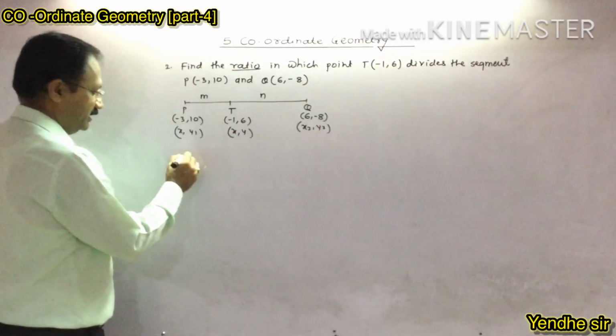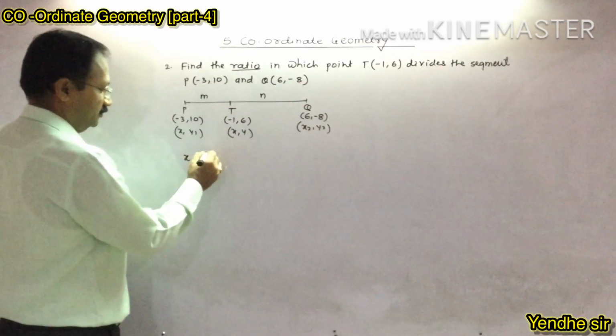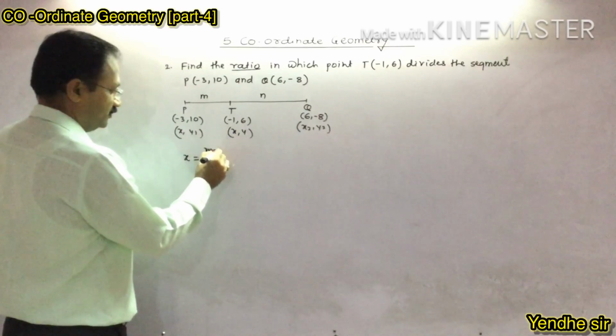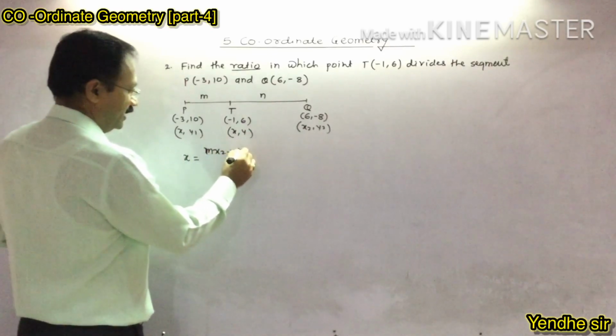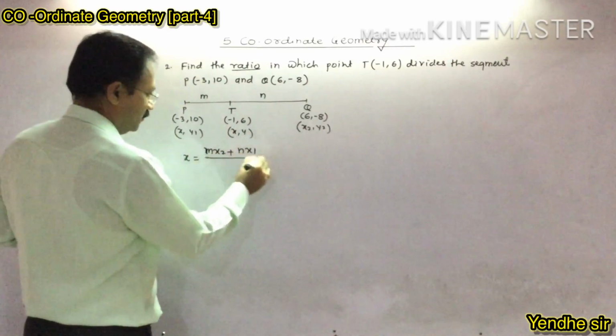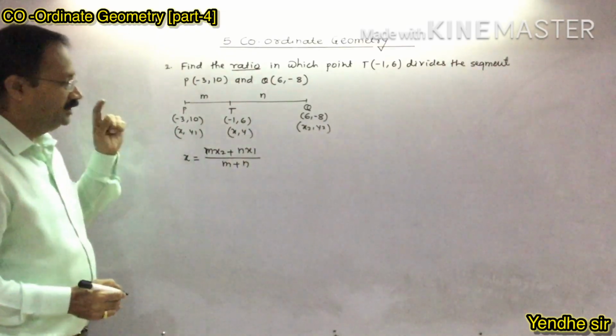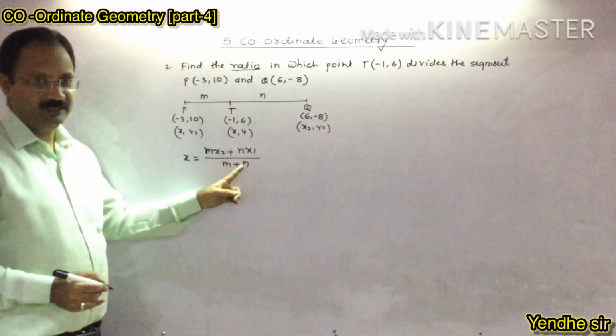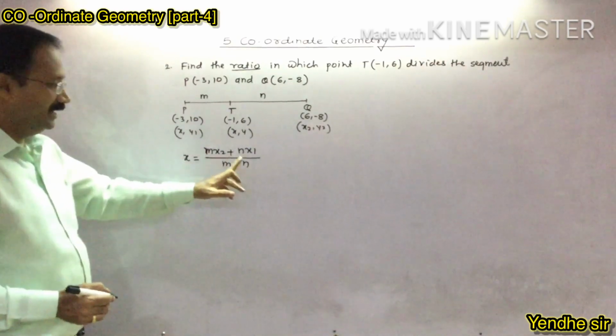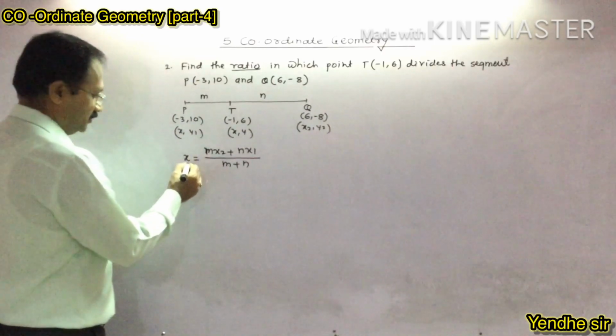Then we can write x equals (mx2 plus nx1) upon (m plus n). Here I am going to write only this one because I want to find the value of m and n. Substitute the values.